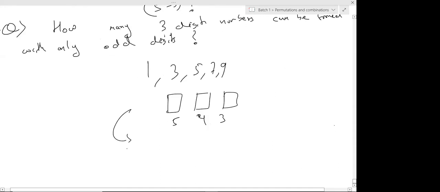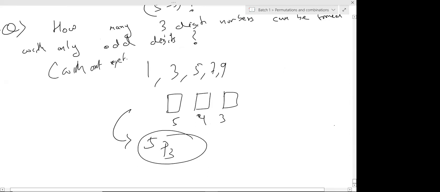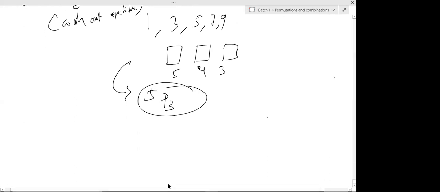Or you can use 5P3. All right. Now guys, this is without repetition. Clear? Gautam, Ashma, Abdul?